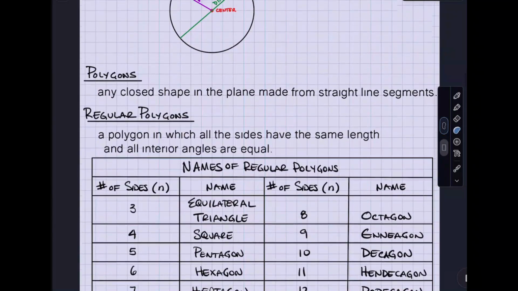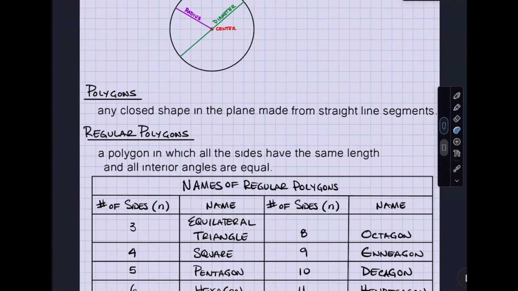Polygon is closed-shaped. So what's the difference between a polygon and a regular polygon? And equal size as well. Okay. So if I was to draw a five-sided figure, right, that would still be a pentagon, right?